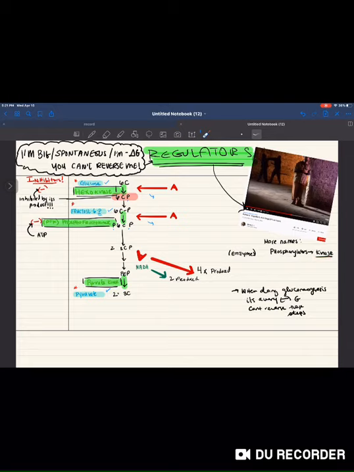The hexo prefix means 6, and kinase is putting a phosphate on something. So we have hexokinase, which is correctly and logically named. Hexokinase is our first regulator. It's big, it's spontaneous, it's got a negative delta G, and boy oh boy, you can't reverse that.